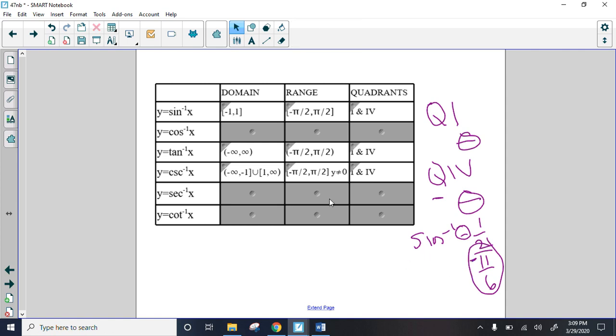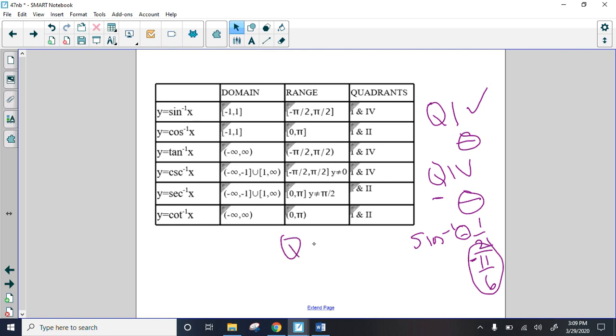Okay, so our other ones, our cosine, our secant, and our cotangent, were all in quadrant 1 and 2. So those are our normal ranges of the original, so they become the domain of the inverse. And this one's pretty easy. It's either going to be in quadrant 1 or quadrant 2. So we already have our quadrant 1 rule.